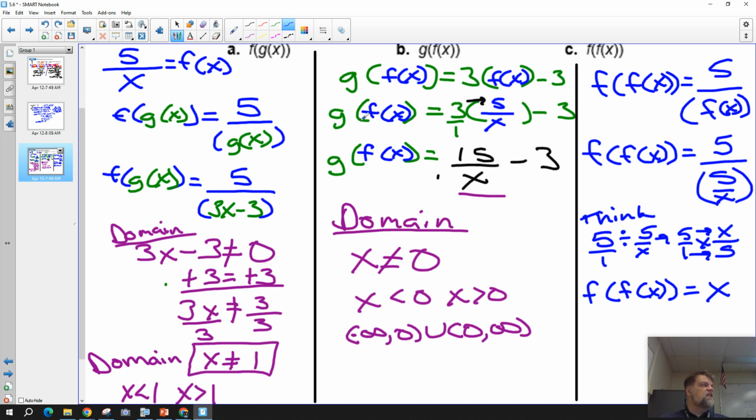We still got to state the domain. Do you see any even roots up there in our final answer? Is that underneath a fraction? Is that a denominator? No. So then the domain is all real numbers. In other words, I could plug in any number for x.